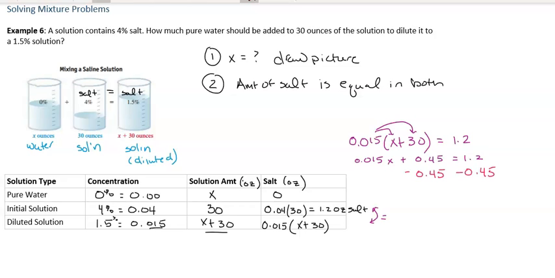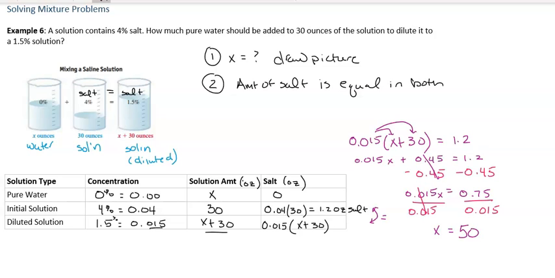And we get 0.015x equals, now this is subtracted out, 0.75. Oops, I forgot the X. 0.015x equals 0.075. Now we're going to divide both sides by 0.015. It's going to divide out, and we are left with X equals 50. All right, 50 what?